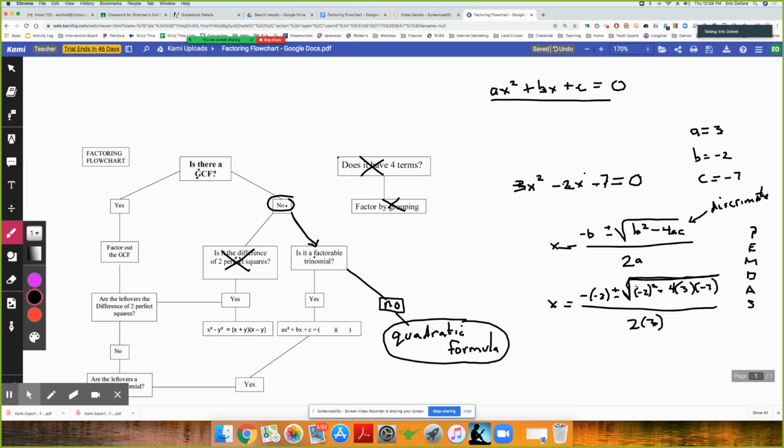So inside the square root, I am going to do exponents first. So that means -2 squared, that's 4. I'm going to keep this square root up here. And then I've got -4 times 3, that's -12. I'm going to put -12 up here. And then I have the -7, so I'm going to have -12 times -7, and that's going to be a positive number.